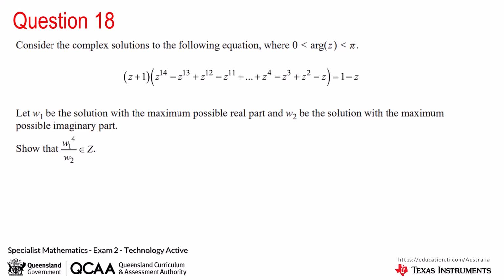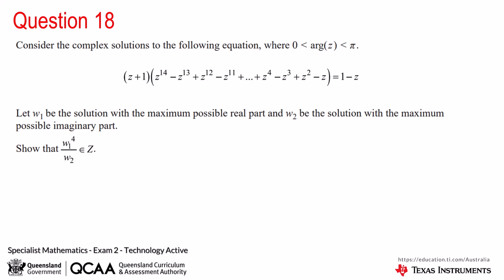We're told that W1 is the solution with the maximum possible real part, and W2 is the solution with the maximum possible imaginary part. We're asked to show that W1 to the power of 4 divided by W2 is an integer. So what we need to do is calculate those two quantities, form the quotient, and hopefully obtain an integer answer.